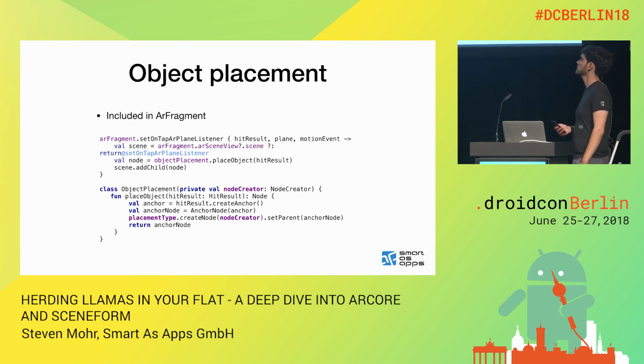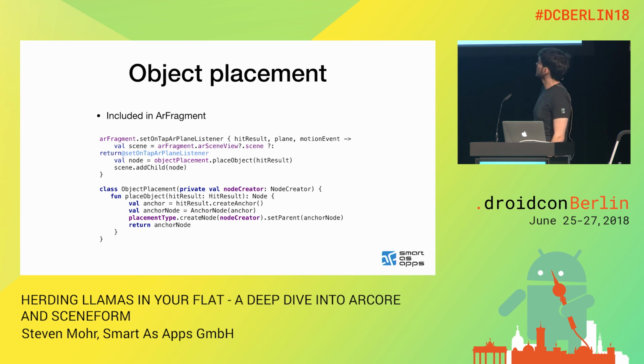And Sceneform adds the anchor node, which is basically the bridge between ARCore and Sceneform. So you give it a node, and you give it an anchor to this node, and a node is like usual in 3D programming, it's just a place in your 3D scene. And by binding these two together, we can now attach a llama to this.